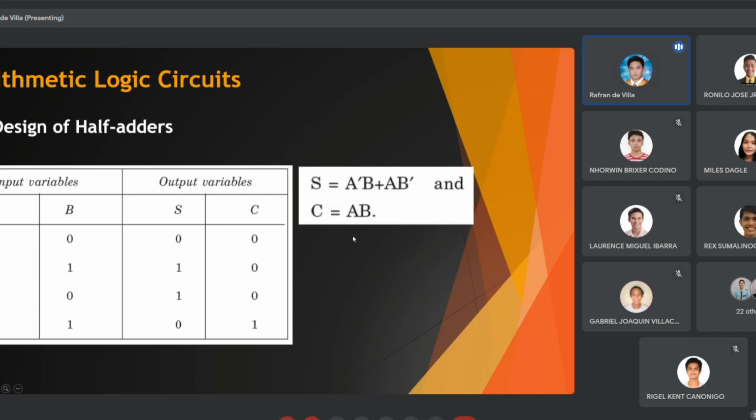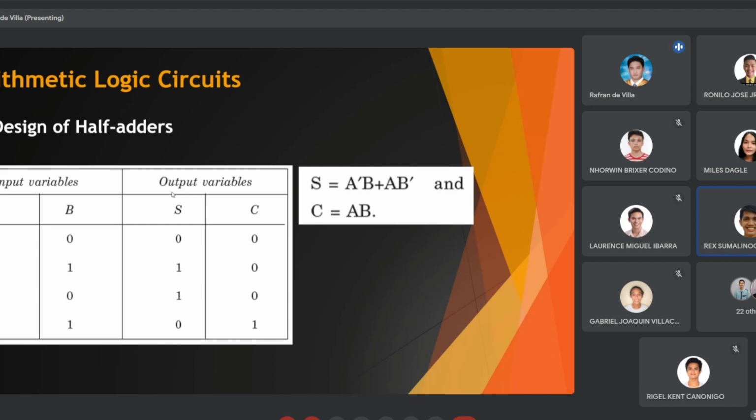Going through the process of designing based on a given truth table, you could make use of a K-map. In this case, since we only have two inputs, it is very easy to design the circuit. Looking at the truth table alone, the sum is basically just what gate?